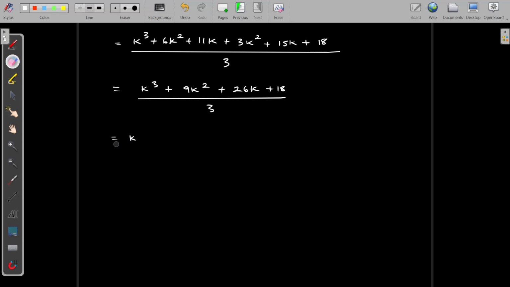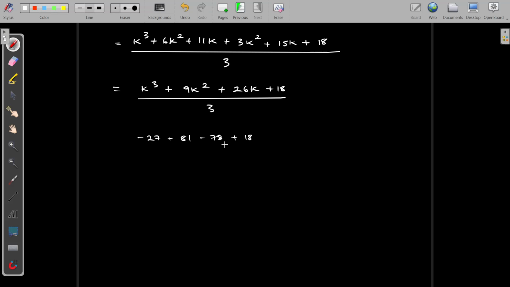Let's see if we can use long division to simplify that. 18. So let's use negative 3. So if we use negative 3, that's negative 27, 81. So this is 99.